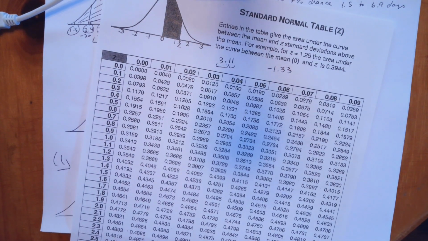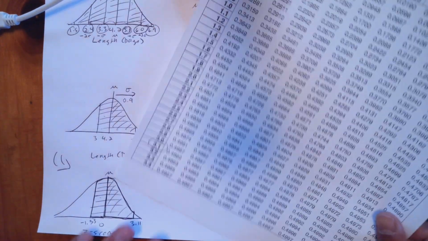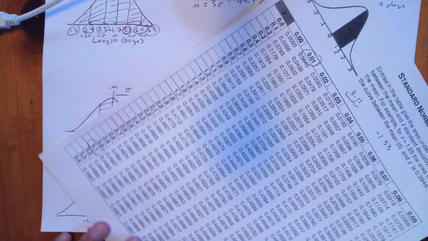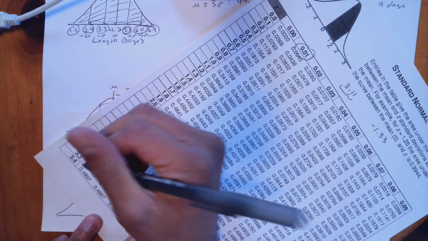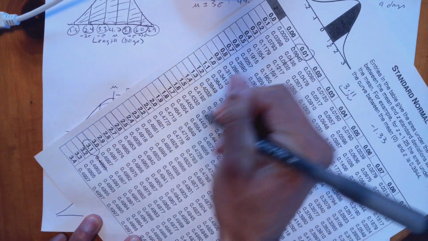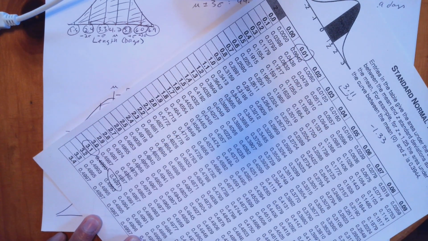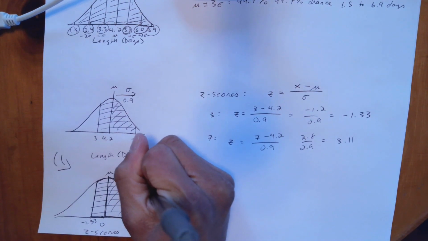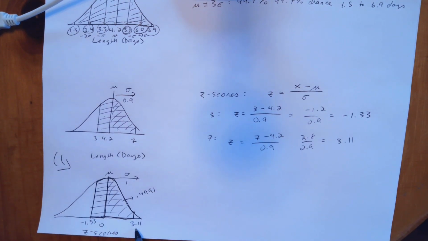So 3.1, it's hard to see, is down here. 0.01 is here, and we can find where they meet to get our area. So these two intersect at 0.4991, and that tells us that our area under the curve between our mean and our z-score of 3.11 is 0.4991.